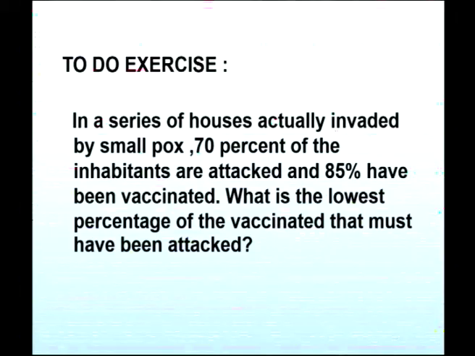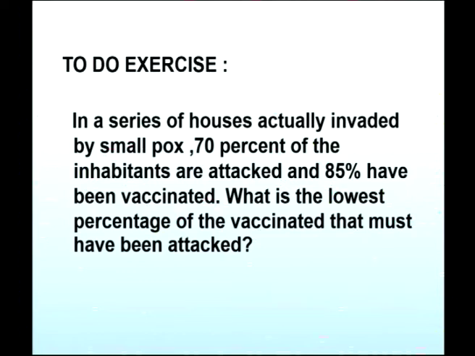You can represent by attribute A, attacked inhabitants, and then by B as vaccinated. Okay, and you are asked to find out the lowest percentage or the limits for the vaccinated and attacked, right? So vaccinated means B, and you are asked to find out the limits for AB. Okay, thank you.